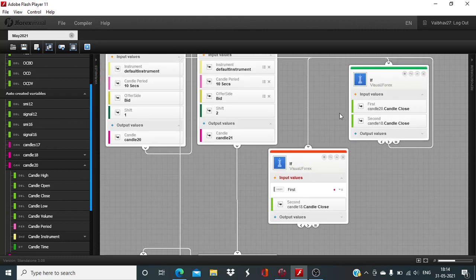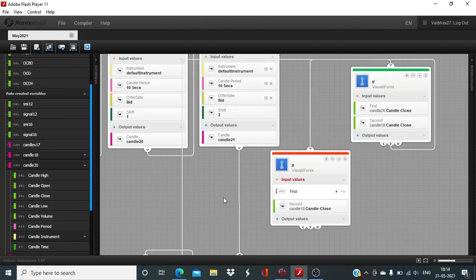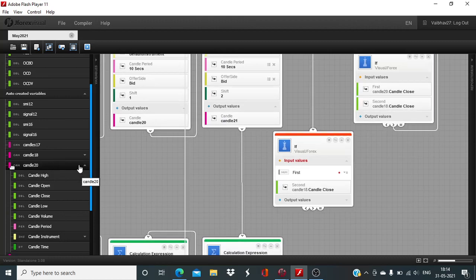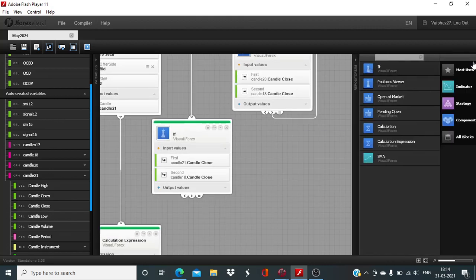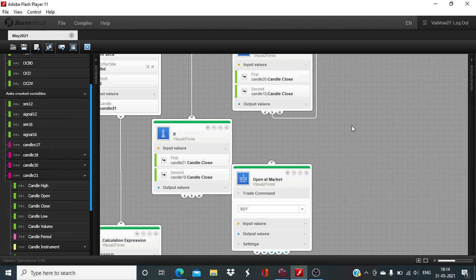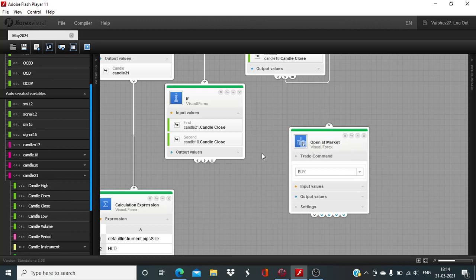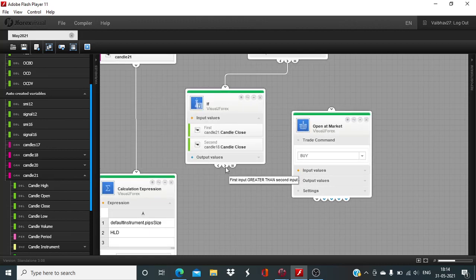Candle 20's close should have been greater than candle 18 close, whereas candle 21, which has a look back period of 2, should have closed lower. Okay, after that we will be placing the order, which will be open at market. So whatever is the market price, execution will take place on that price. First input less than second input.